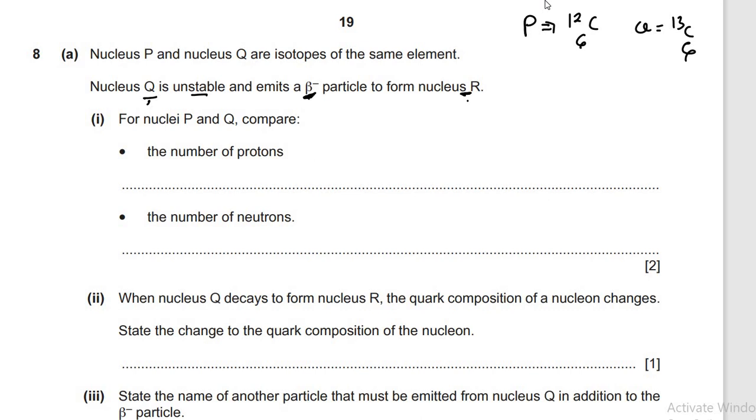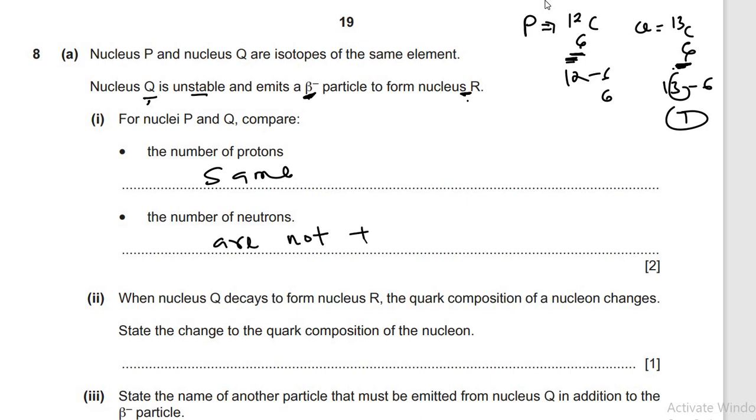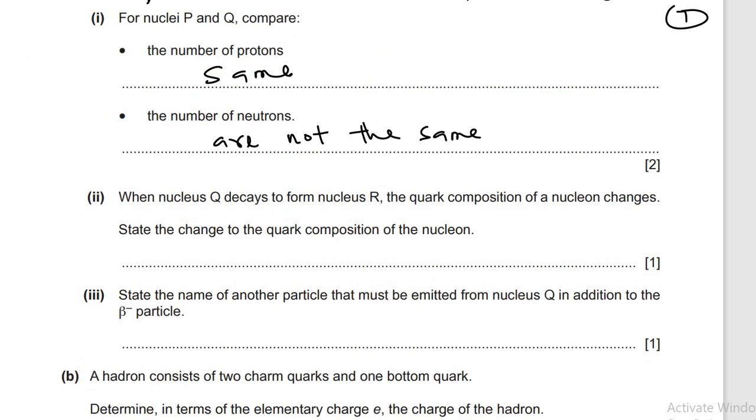Compare the number of protons. The number of protons is the same. That's the atomic number, the position of the element. So it does not change. Number of neutrons: 12 minus 6 is 6, 13 minus 6 will be 7. So the number of neutrons are not the same. They are unequal. That's it.